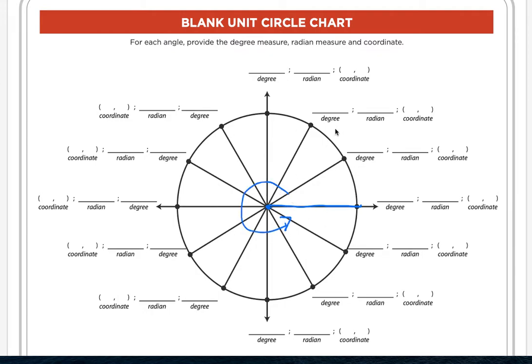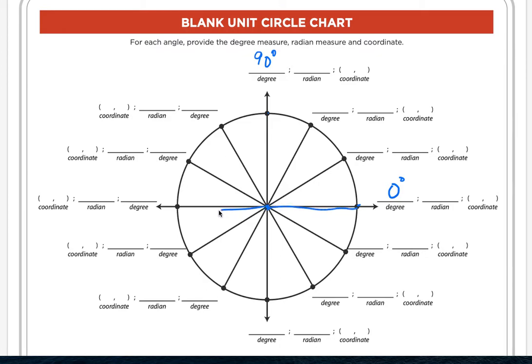If I start right here, I know that from here, this is 0 degrees, right? And then if I open up my angle all the way over to here, how far have I gone? I've gone 90 degrees, correct? And then if I go all the way this way, I've got a straight angle between here and here.